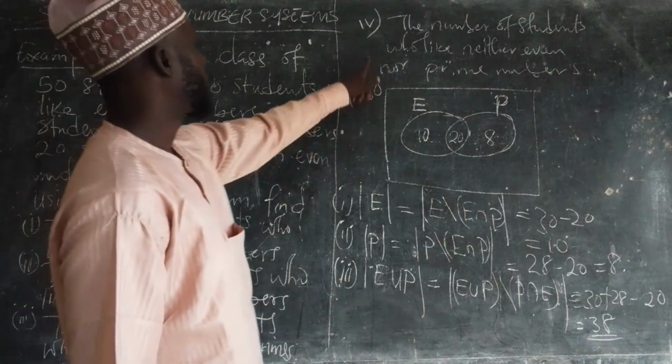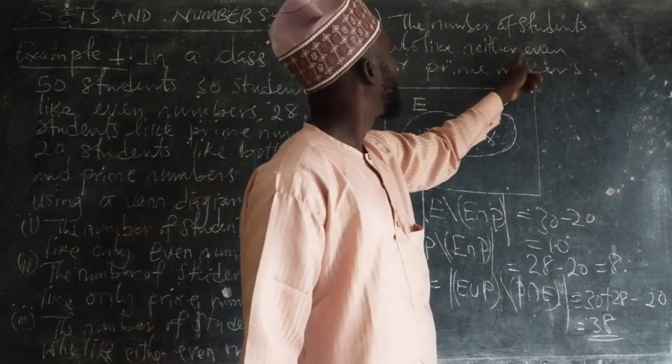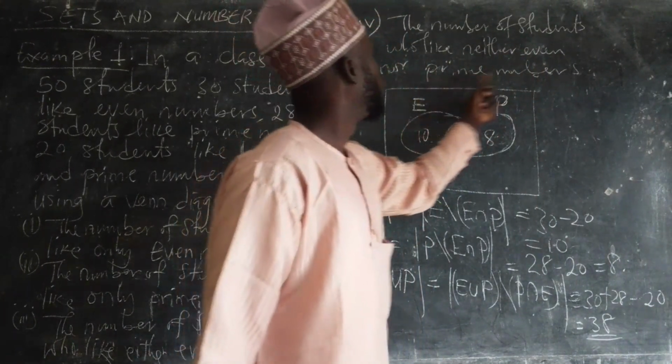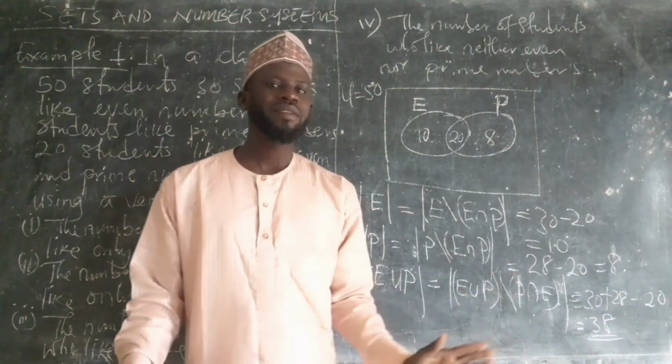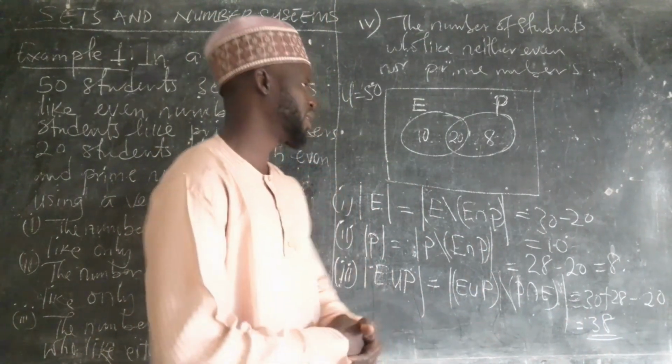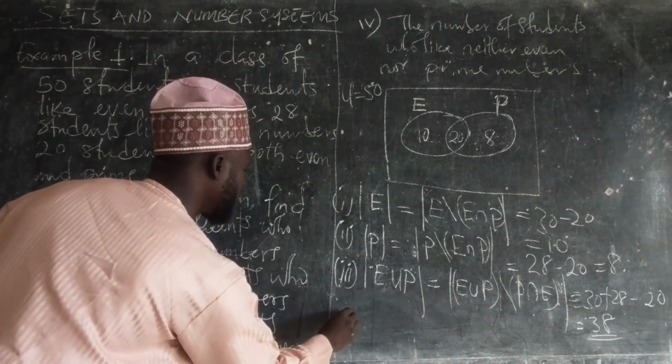The last question asks for the number of students who like neither even nor prime numbers. They don't like even numbers, they don't like prime numbers. They are just there in the class. They don't like any of the numbers.